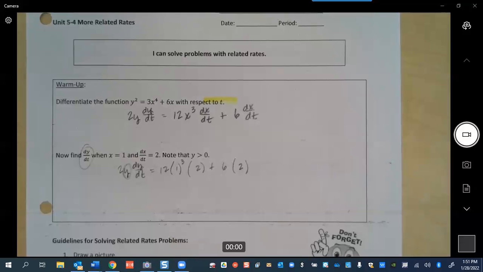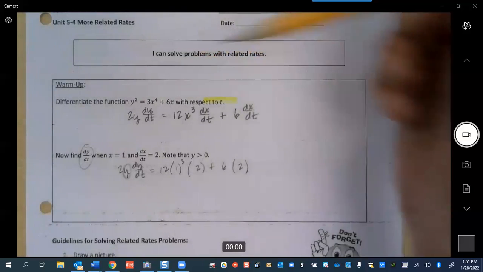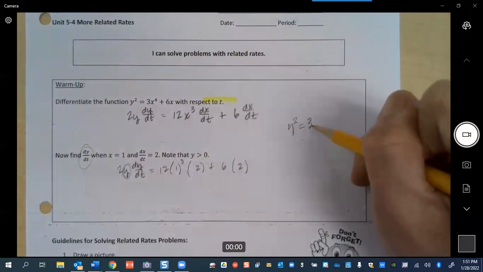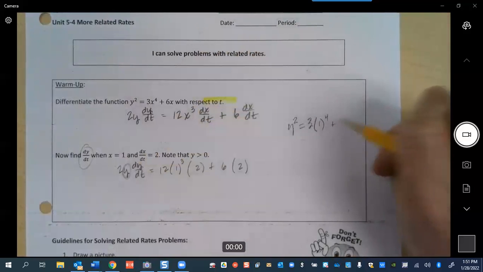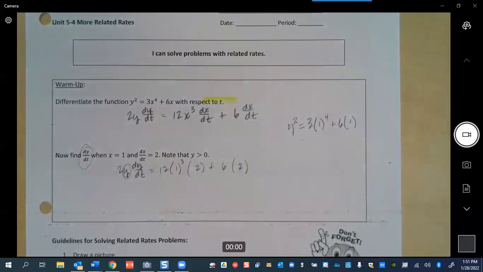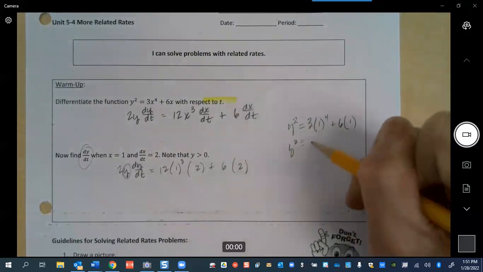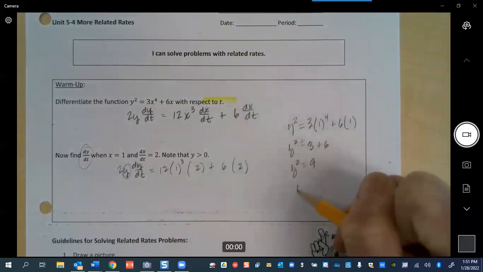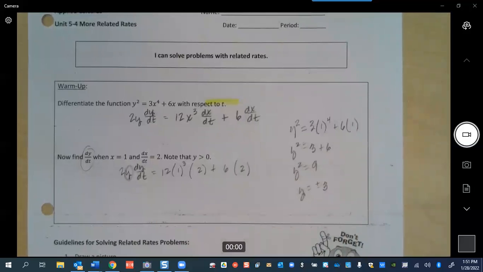Yeah. So this equation tells me a story of input and output. So I know that y squared is equal to 3 times my x value plus 6 times my x value. So that means that y squared is equal to 3 plus 6. y squared is equal to 9. y is equal to plus or minus 3.